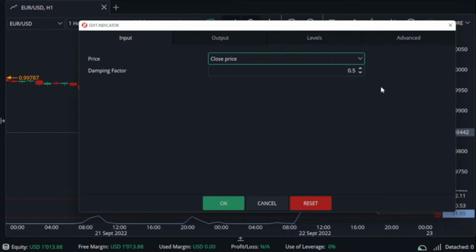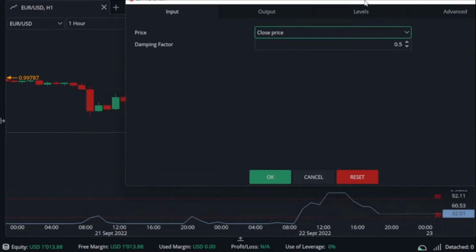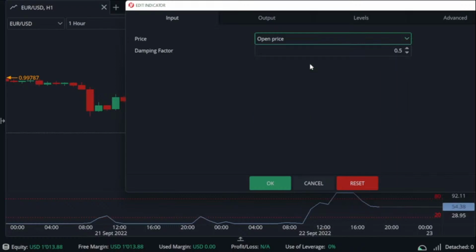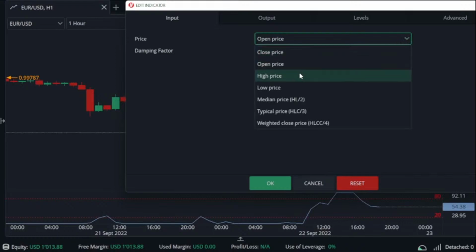And then there is another factor, the damping factor, which tries to eliminate the noise and give us a reliable signal. So this can also be modified. As you use different applied prices, you will see slight differences in the output of this indicator.